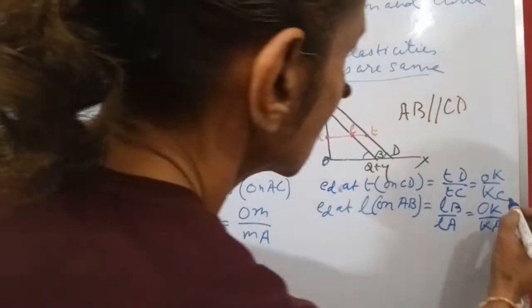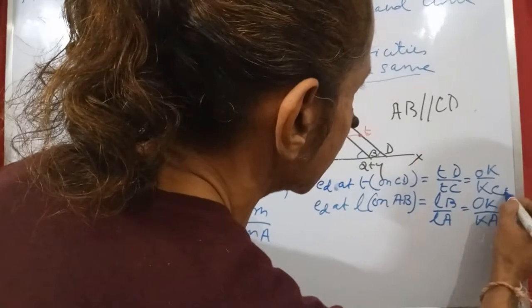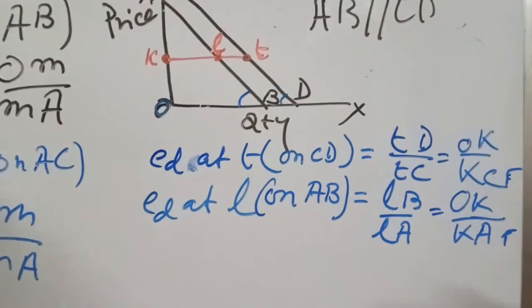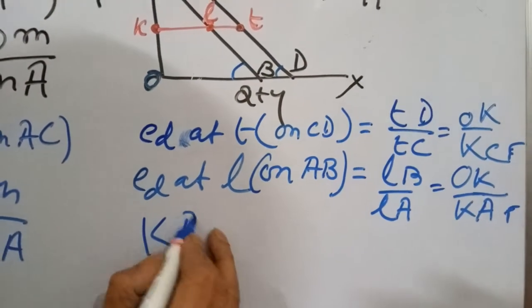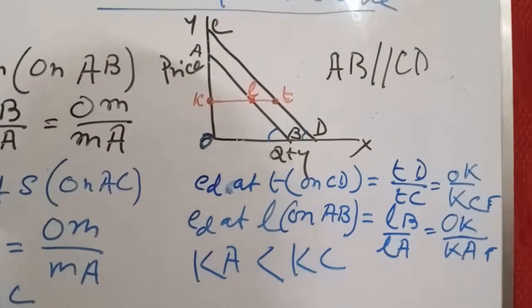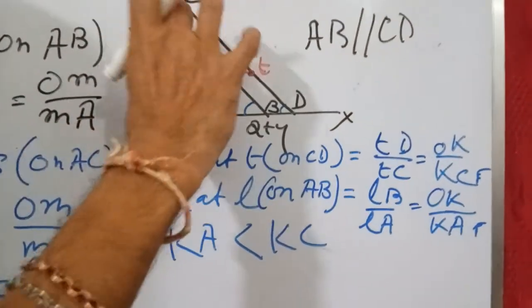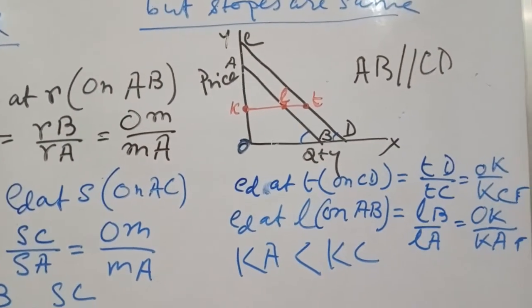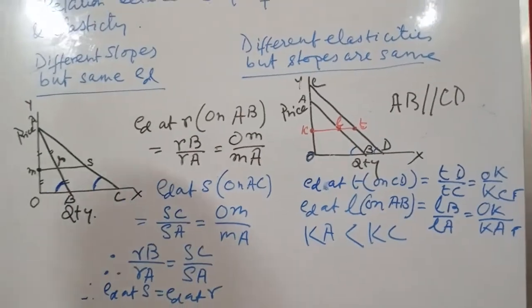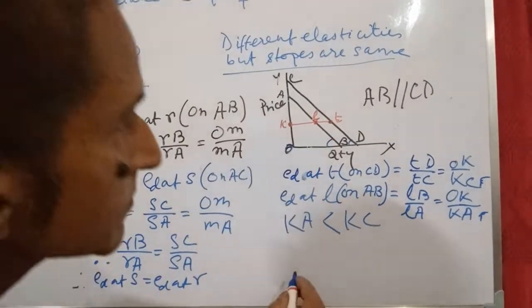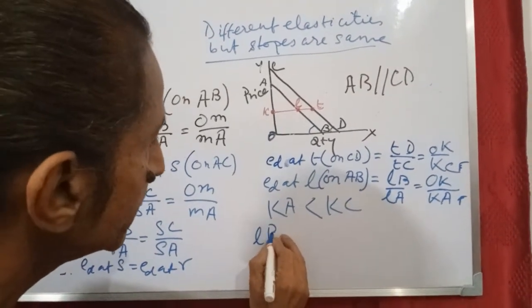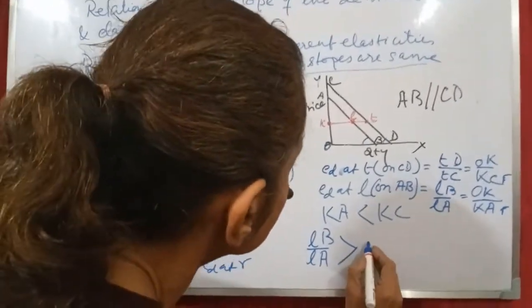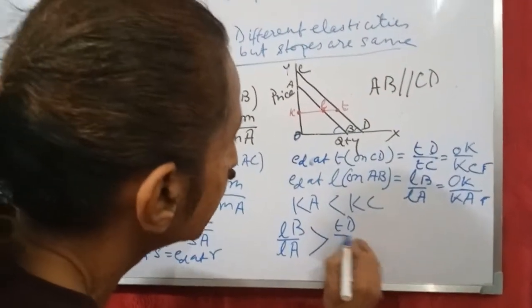Now compare KA and KC. KA is less than KC. This much is KA and this much is KC. Therefore, LB by LA is greater than TD by TC.